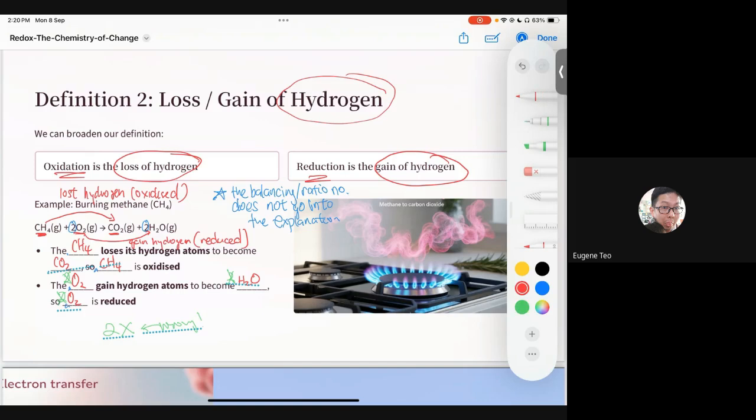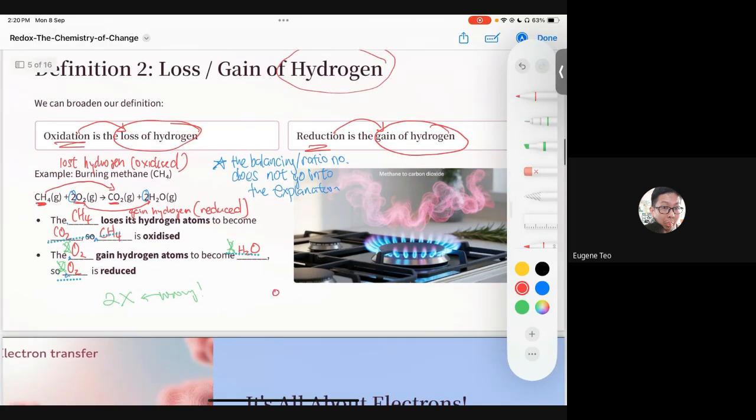Okay? So in this case here, we went through another definition already. So first one was on oxygen. Now next one is on hydrogen, where we mentioned oxidation is loss of hydrogen. Reduction is the gain of hydrogen. Okay? So just a wrap up in terms of oxygen.